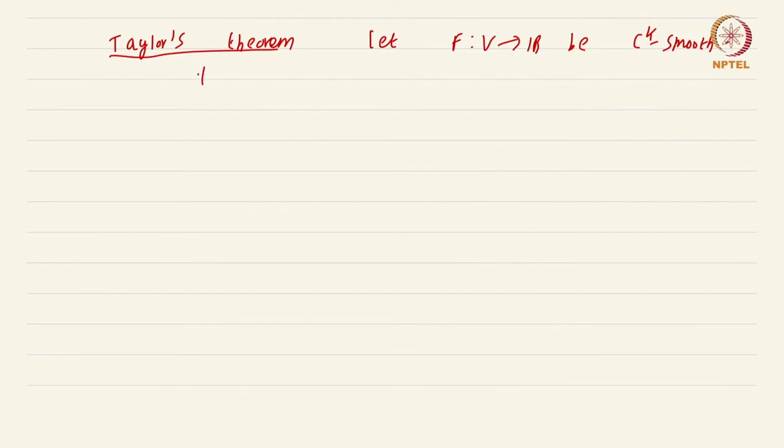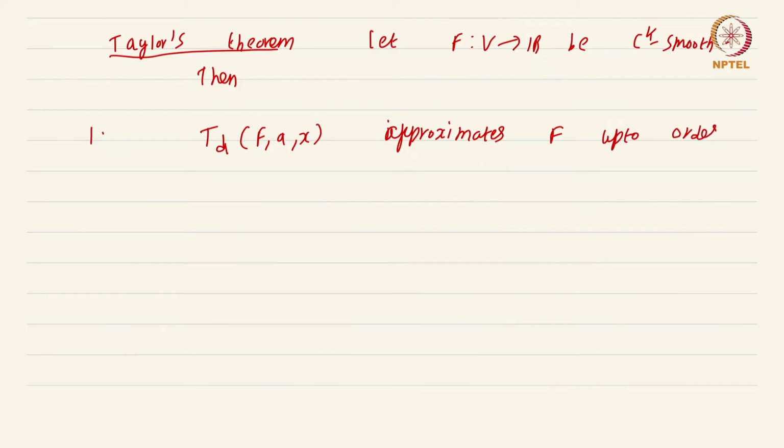Then number 1, T_d f a (x) approximates f up to order k near a.